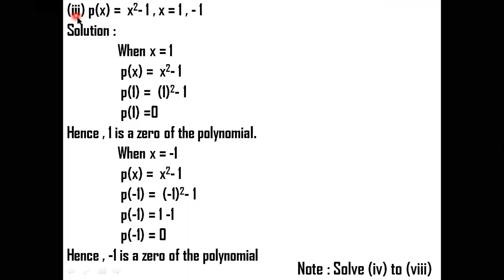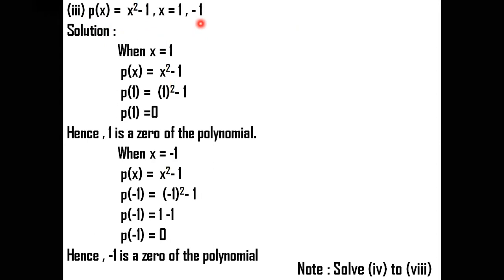The third question is P of x is equal to x square minus 1, and we have been asked to find whether x is equal to 1 and x is equal to minus 1 are zeros of the polynomial. So there is one polynomial, but we have been asked to find whether the given two numbers, x is equal to 1 or x is equal to minus 1, is a 0 of the polynomial or not.